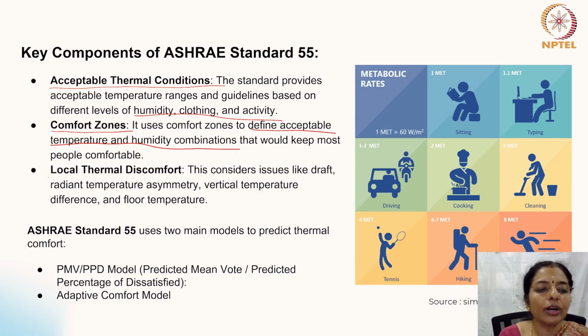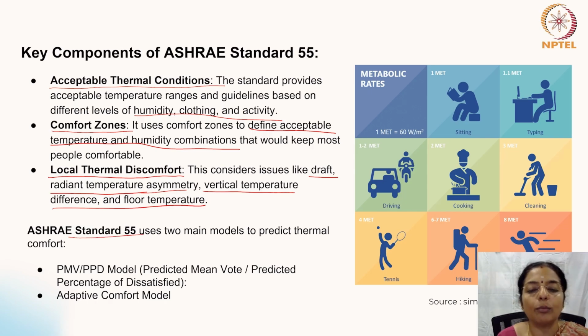Then local thermal discomfort. This considers issues like draft, radiant temperature asymmetry, vertical temperature difference and floor temperature. ASHRAE Standard 55 uses two main models to predict thermal comfort. PMV-PPD model, which is predicted mean vote and predicted percentage of dissatisfied model, as well as adaptive comfort model.